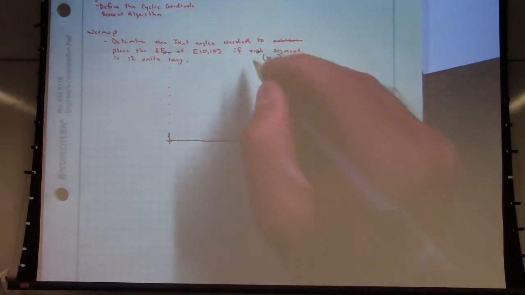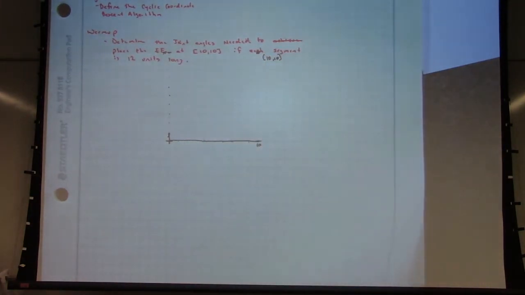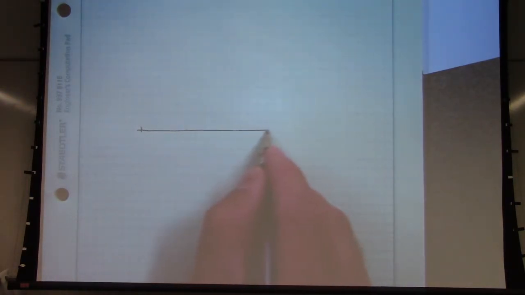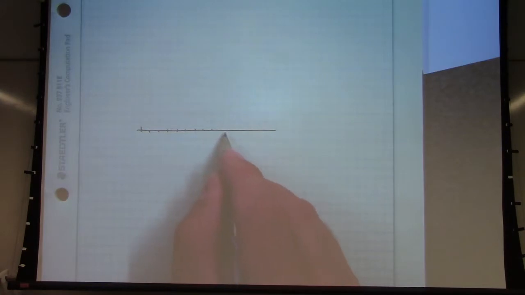So we have this destination point here, and actually let me redraw that so it's not sitting right there on top of the graph. I, of course, did not bring my scale today. So 1, 2, 3, 4, 5, 6, 7, 8, 9, 10.